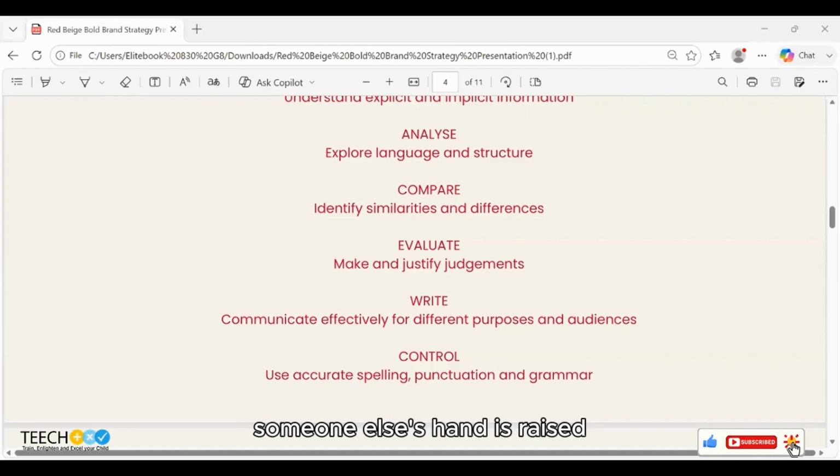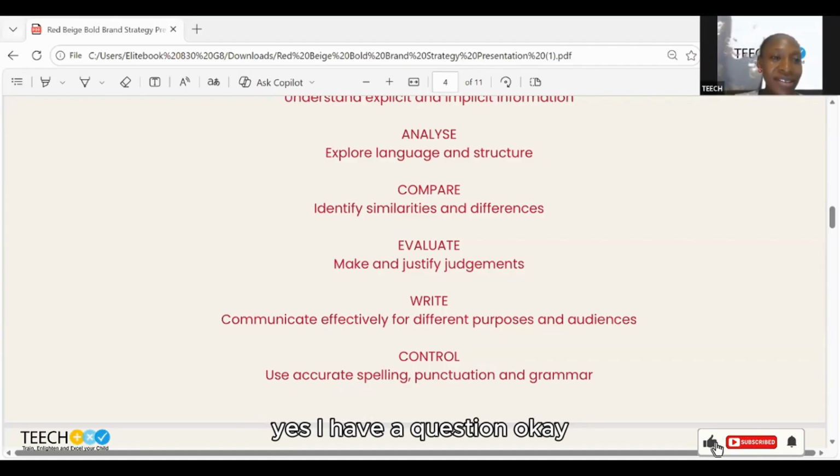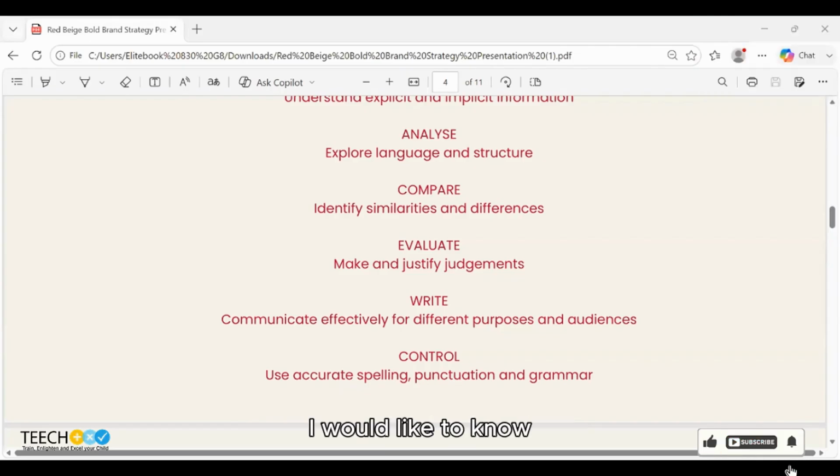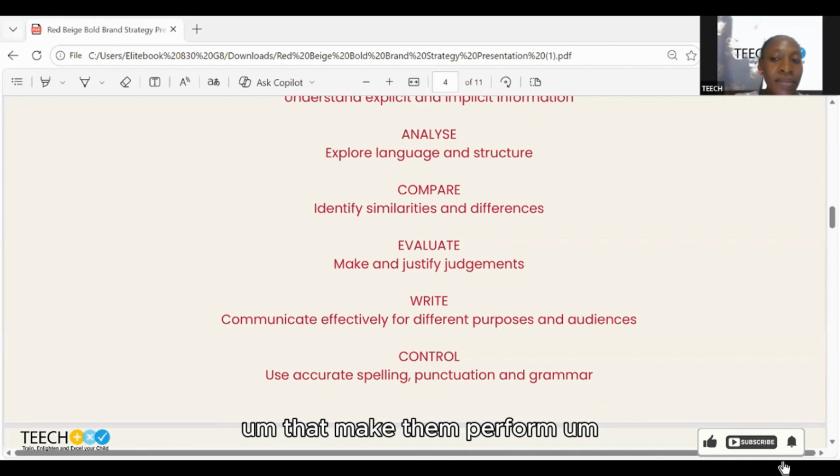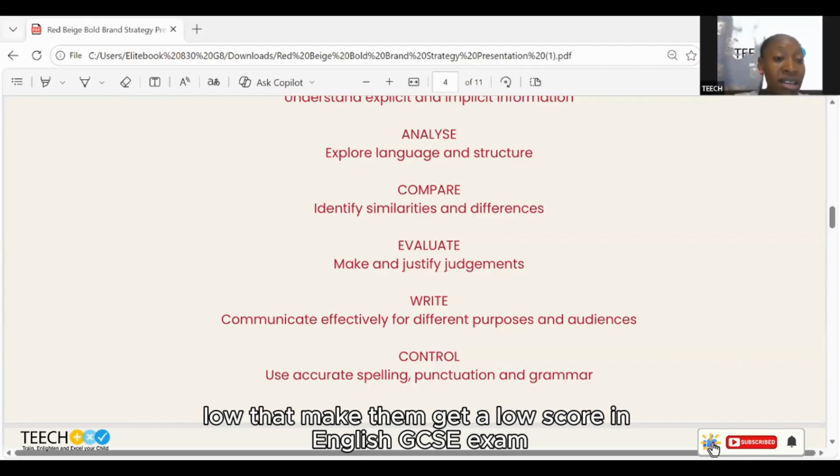Okay, someone else's hand is raised. Miss Debbie, do you want to? Yes, I have a question. I would like to know, what are the common mistakes that students make that get them a low score in the English GCSE exam?